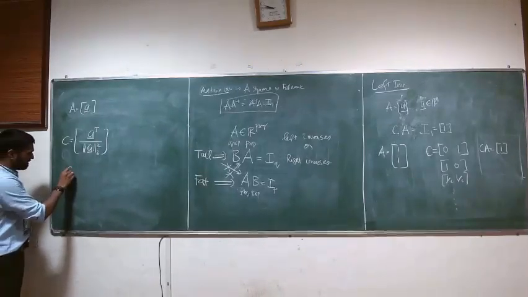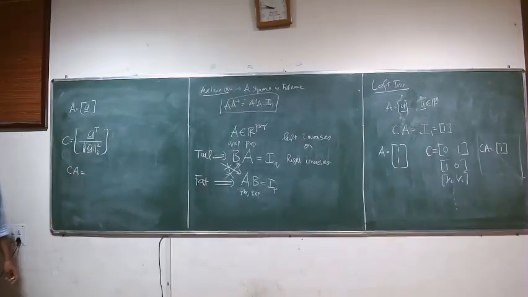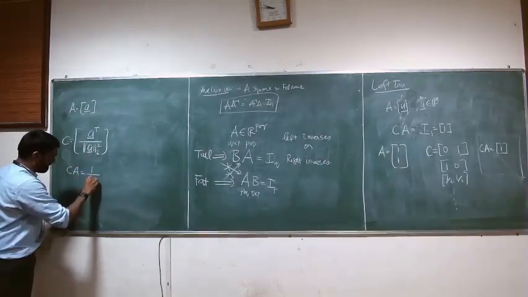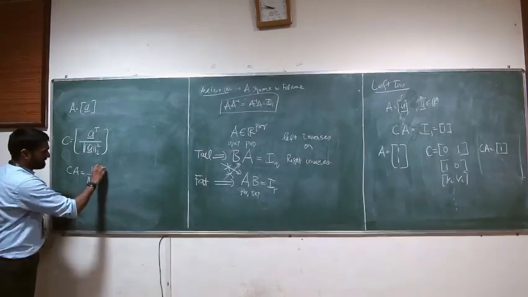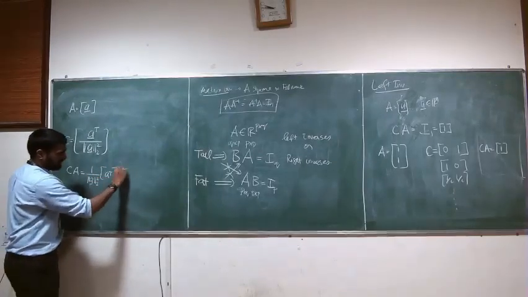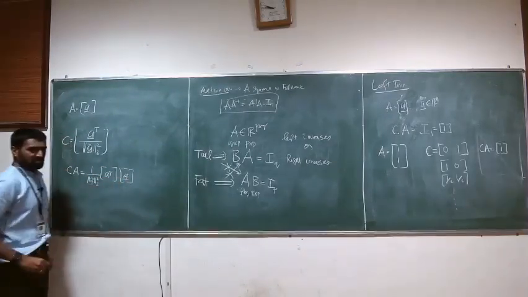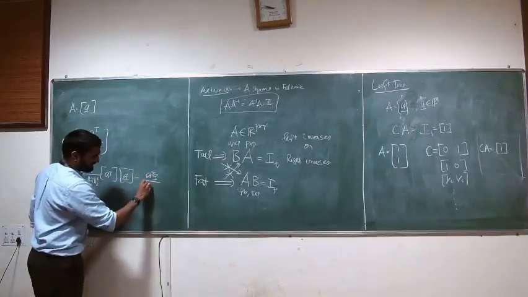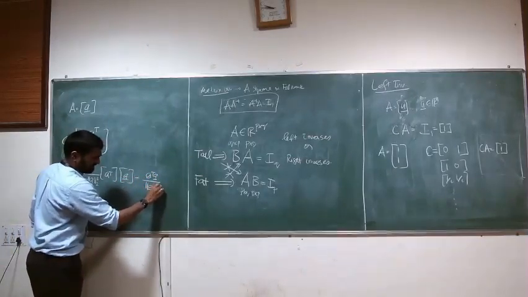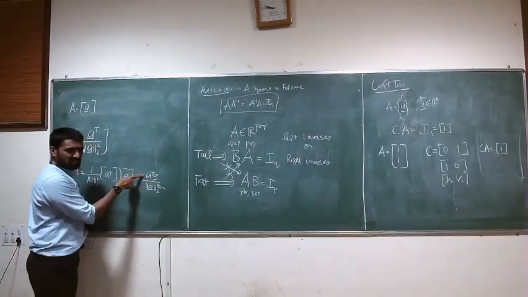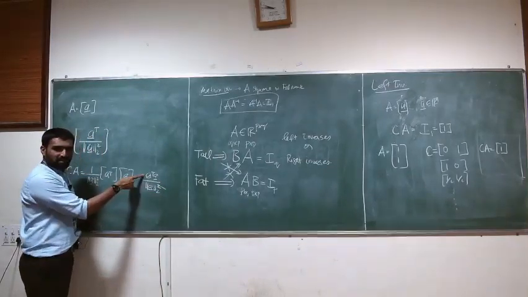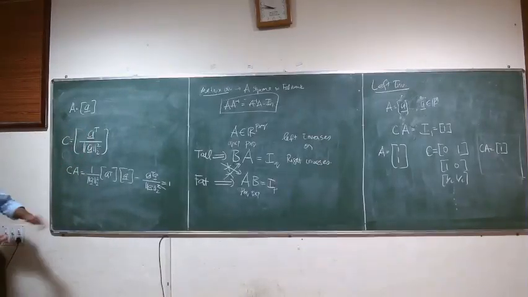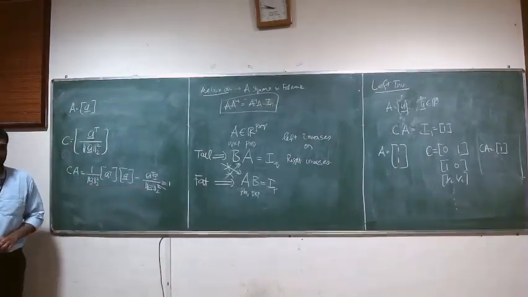What will you get when you do CA? Well, I can take the scalar out. This will simply be A transpose A divided by the squared norm of A, this is non-zero. That means this will always give me 1. So if I choose a C like this, I get 1.